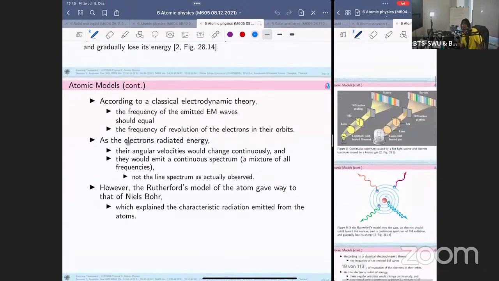As the electrons radiate energy, their angular velocity would change continuously, like in this figure, and they would emit a continuous spectrum, a mixture of all frequencies, not the line spectrum as actually observed here. The atom should emit energy with a continuous spectrum if the Rutherford model is correct. But it's not the case. They get the strip bar frequency, right?